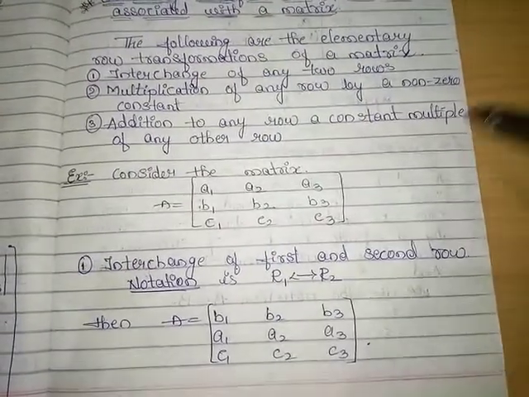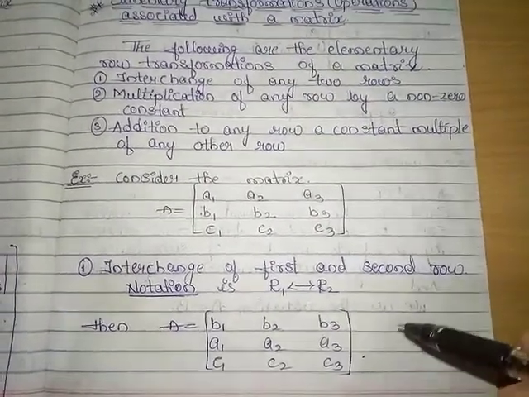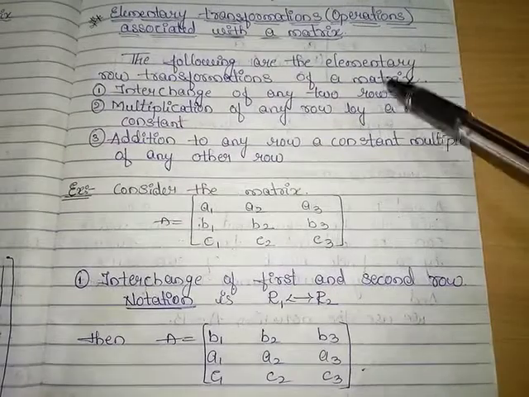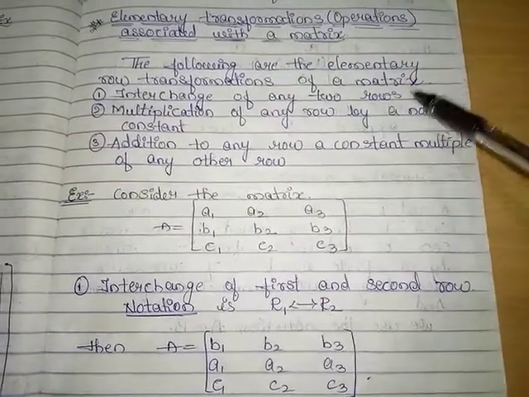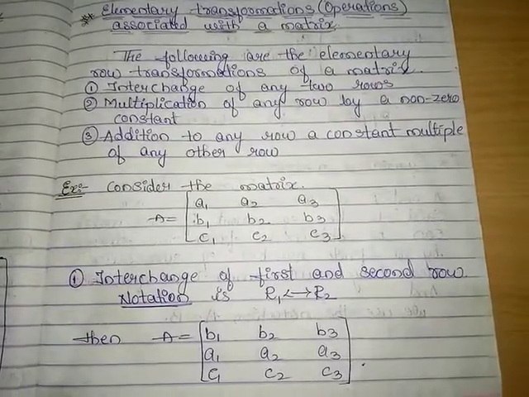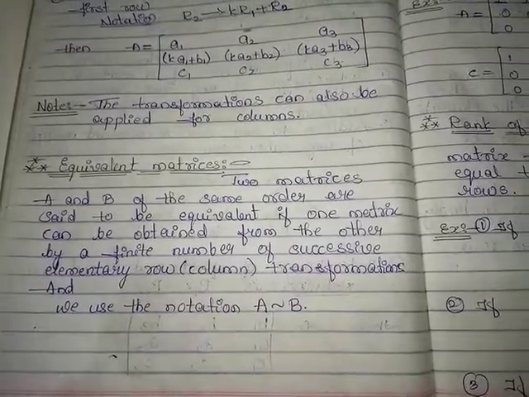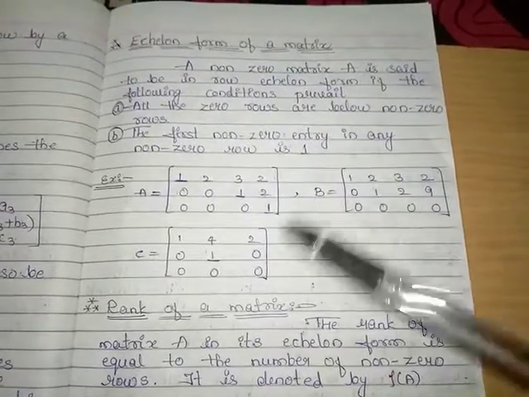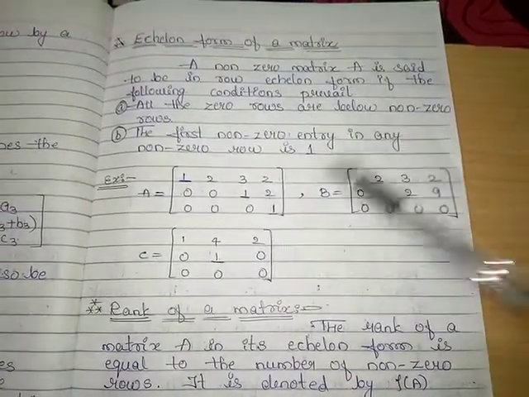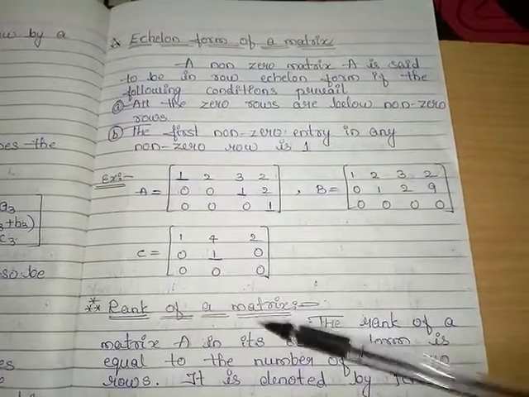We also solved examples to know how these transformations work, and the notations for these transformations, the definition of equivalent matrix, and two most important definitions, that is echelon form of a matrix and rank of a matrix.